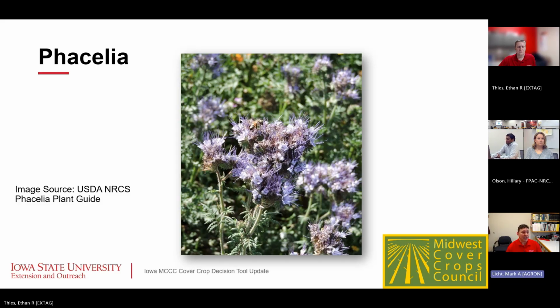This would be good to add into that mixture. It also helps for grazing too. The animals, cattle, can feed on these plants, so it's good for grazing.